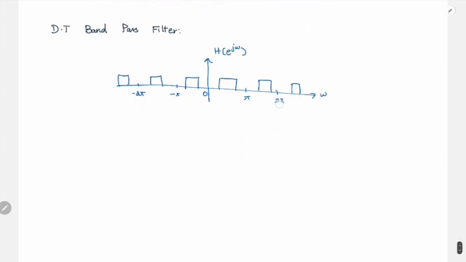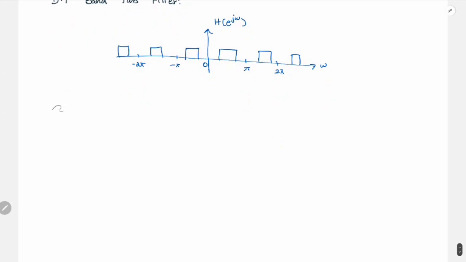So now let us look at some examples of discrete time filters described by difference equations. Okay.